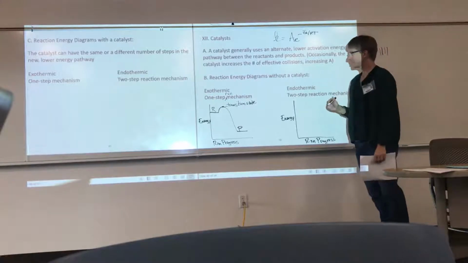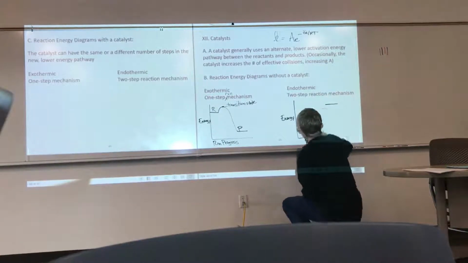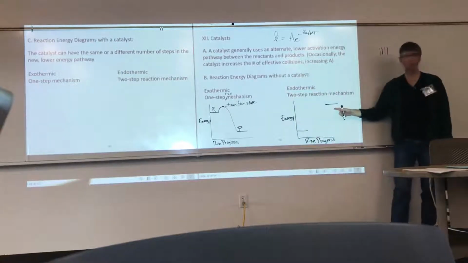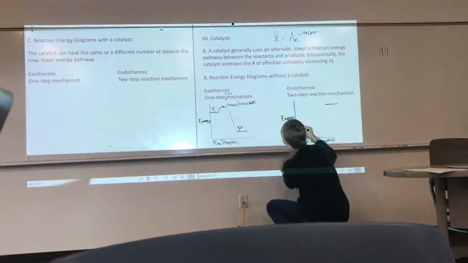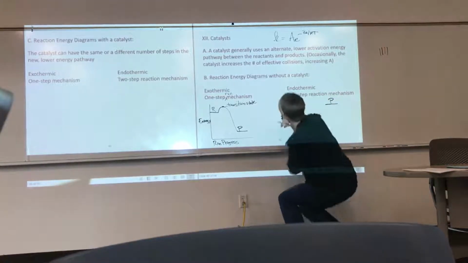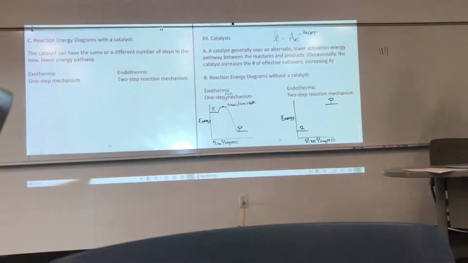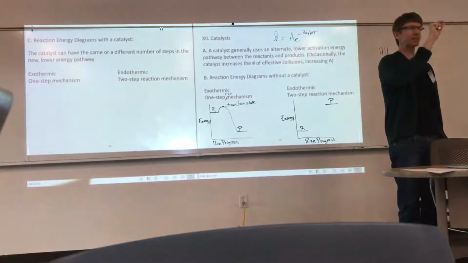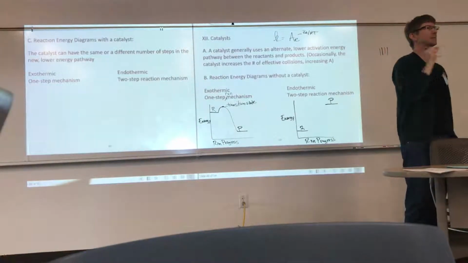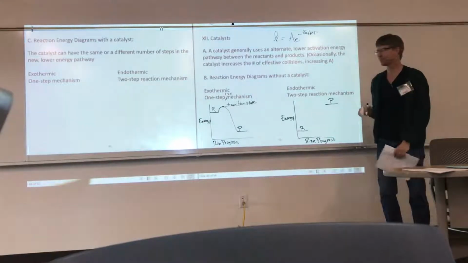For endothermic reaction energy diagrams, the reactants are going to be lower in energy than the products. And now there will be two humps, and I'm going to draw the two humps in a specific way, and the take-home message is, for each step in a reaction mechanism, there is a hump in between your reactants and your products.